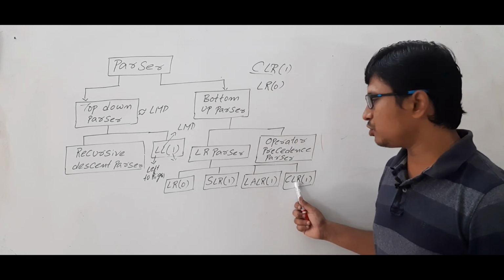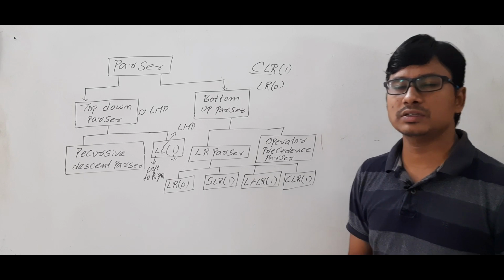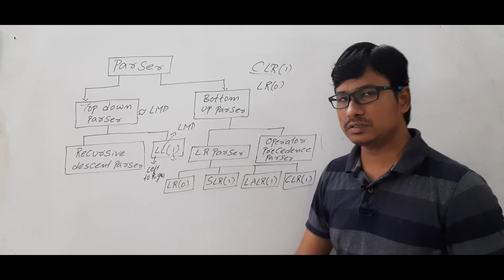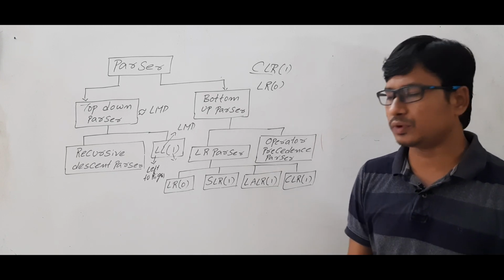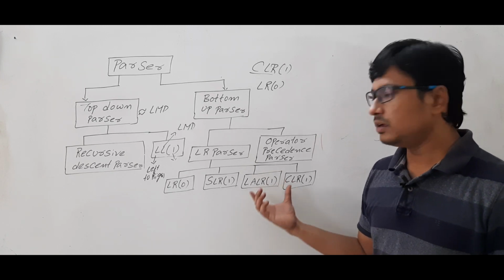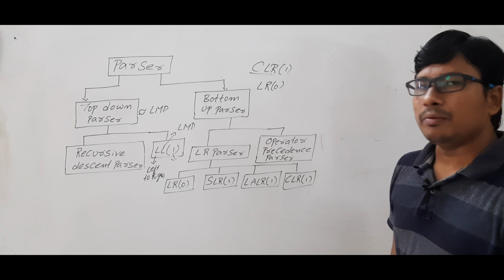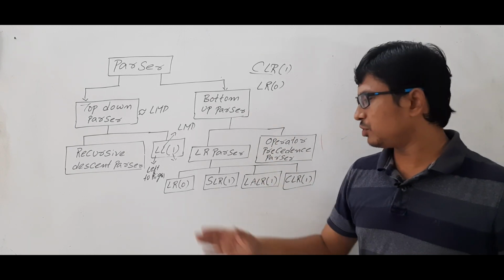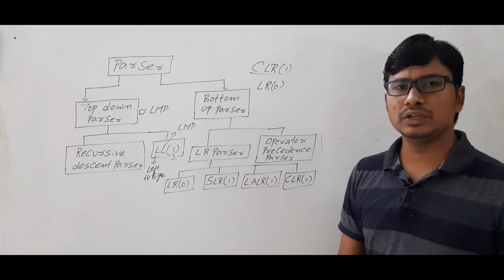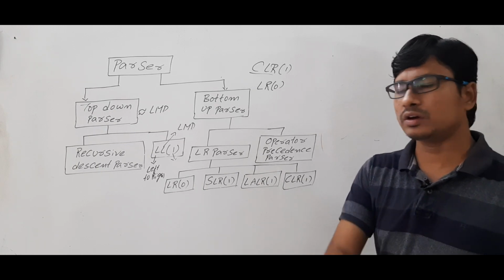So CLR is the most powerful and LR0 is the least powerful among these four parsers. What is meant by powerful? I will discuss in the coming videos. Don't worry. When I discuss LR0 and SLR1, then slowly you will understand. Now I don't want to confuse you.